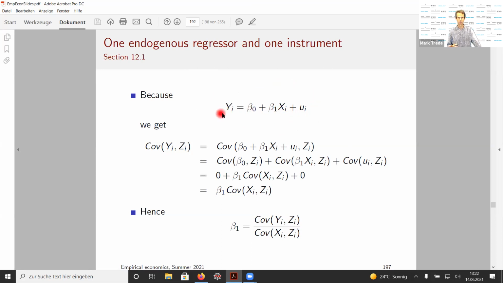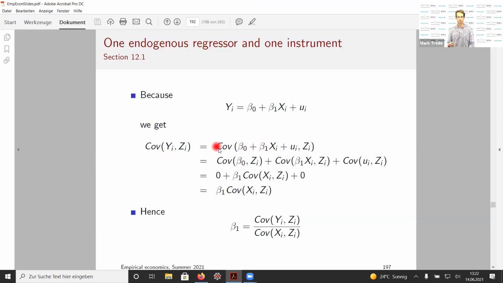Okay, so we look at the covariance of yi and the instrument z. Well, the first step is to substitute yi by the right-hand side of the regression line. So instead of yi, here we have beta 0 plus beta 1 xi plus ui. And of course, here we still have the instrument. Okay, so that's the new line here.